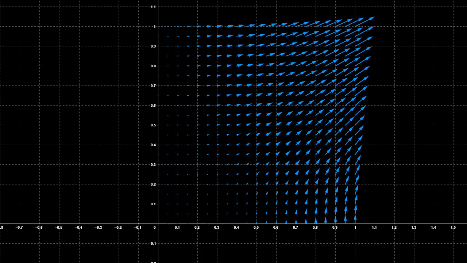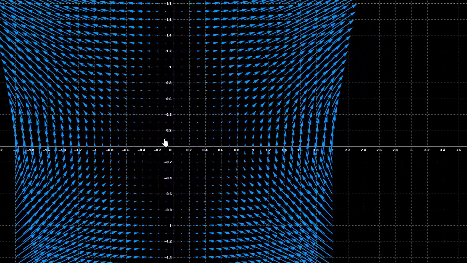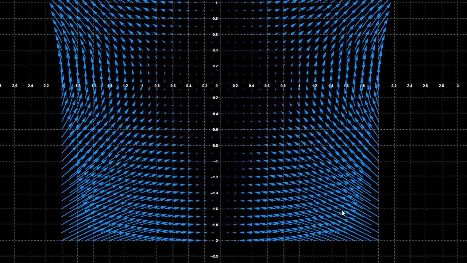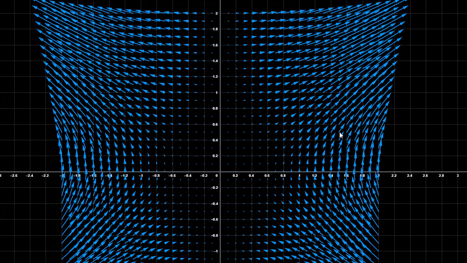And if I put my two paths here, you can almost see how uniform it kind of looks around these paths, or just in general. So if I graph more of the vector field here, you can kind of see how balanced it looks around the origin. As much as it's coming in this way, it's coming in this way, and then it's feeding out that way. It's a nice, balanced, nice-looking vector field.